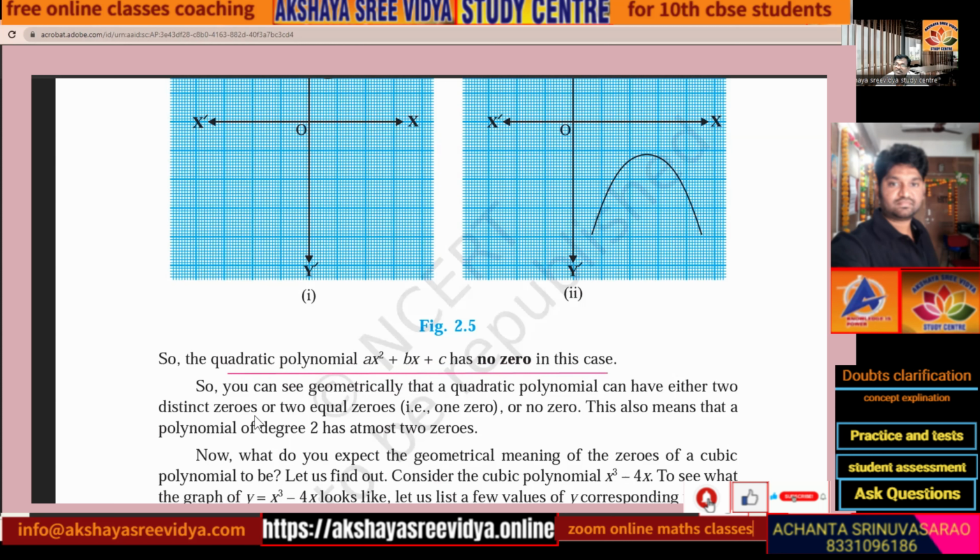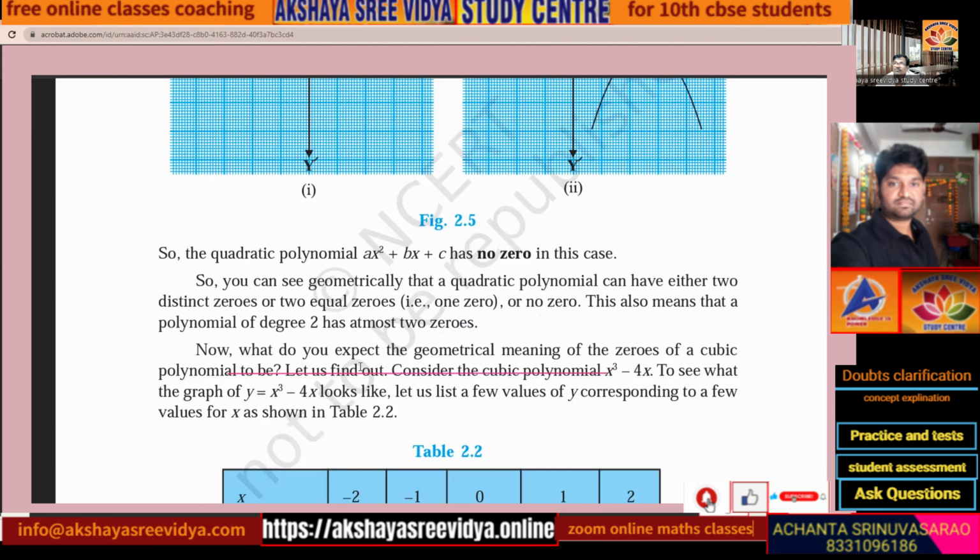So you can see geometrically a quadratic polynomial can have either two distinct zeros, two equal zeros, or no zero. This also means that a polynomial of degree 2 has at most two zeros.